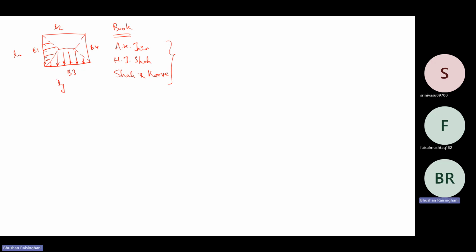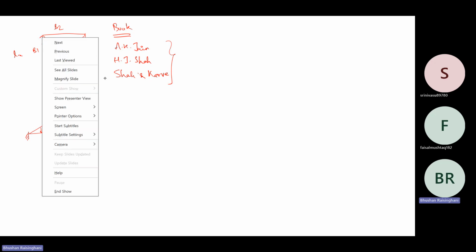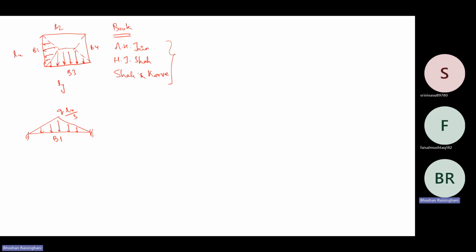And once you get these loads on the beam, let's say the triangular load you evaluated for this particular beam B1, maybe Q into Lx by 3 is the force, and this is the B1 beam which is fixed at two ends between the columns. Okay, so I have taken a small portion from the building slab, interior slab.